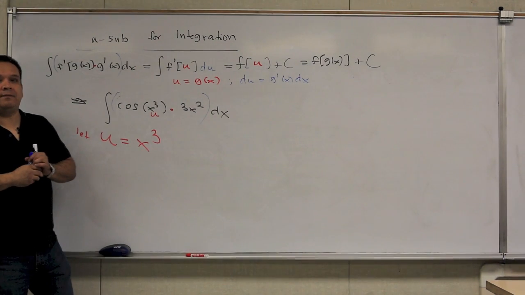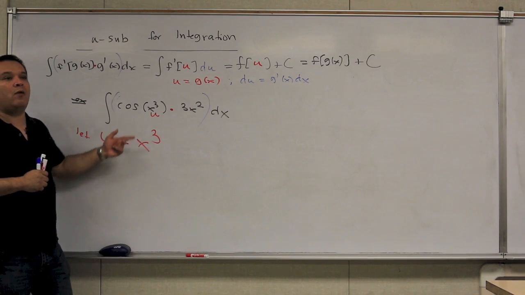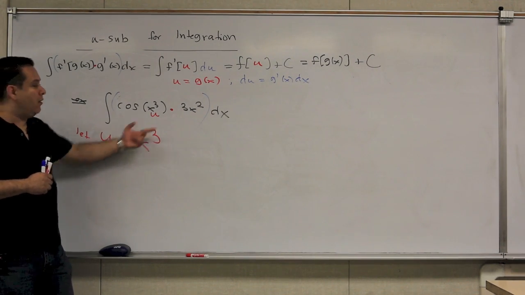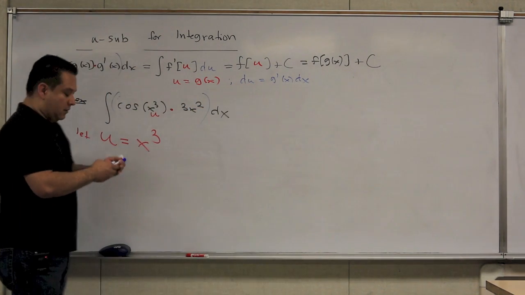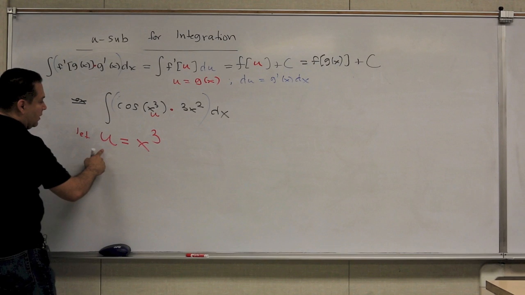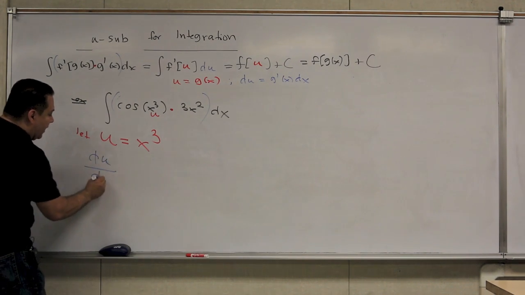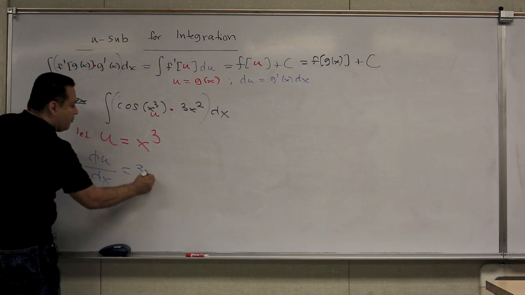Okay, you guys okay with that? And then, if u is x to the third power, what's the relationship between u and x? How do I find now du dx? What you do is take the derivative of u with respect to x, and what's this derivative? Isn't that 3x squared?